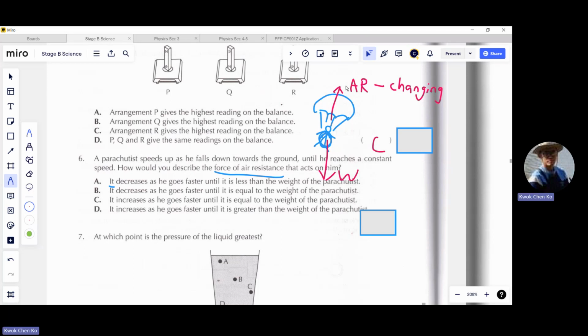Increasing. Yes. That's why he can't increase his speed further, because air resistance is increasing until it equals the weight. Okay.